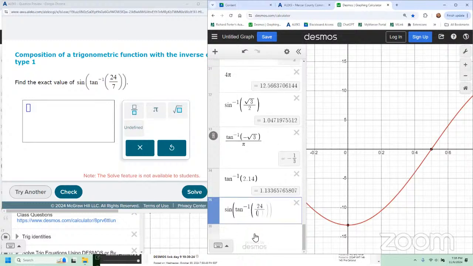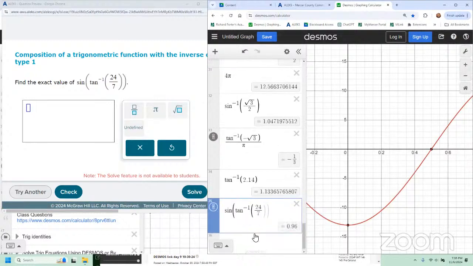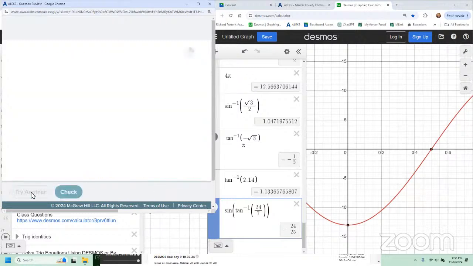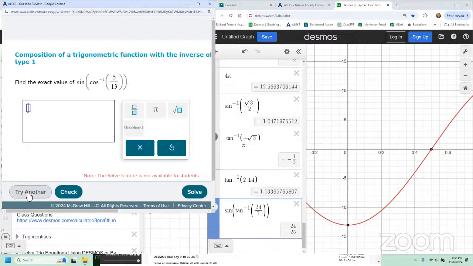And the answer is 0.96, but what's the exact answer? If I go like that, it says 24/25, so that must be the answer, 24/25. Yeah, these will all be some fraction and they'll all be pretty easy.